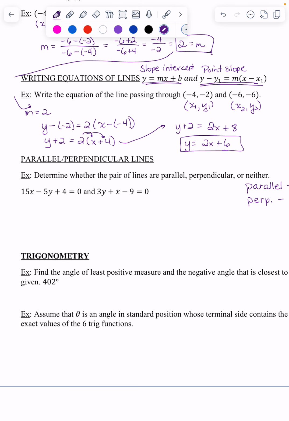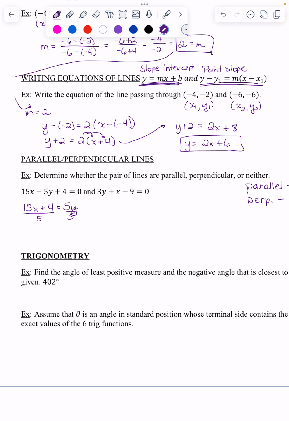So let's solve these and find our slope. The best way to do it is to get it in that slope-intercept form from right up here. Okay, so let's solve these into slope-intercept form. I'm going to move this 5y to the other side, so I'm going to get 15x plus 4 equals 5y. Now I'm going to divide both sides by 5, and I'm going to split that fraction.